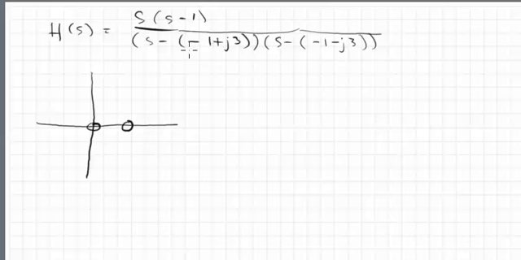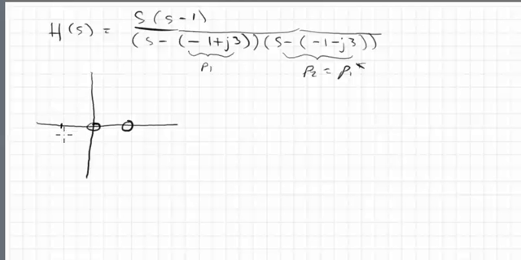And we have a pole when s is equal to this value. There's the first pole, P1, and there's the second pole, P2, which is equal to P1 conjugate. It's at a real value of -1, which is good, because it has to be in the left half plane.